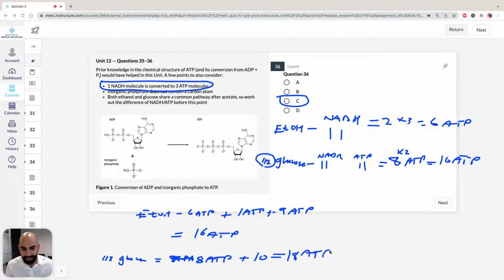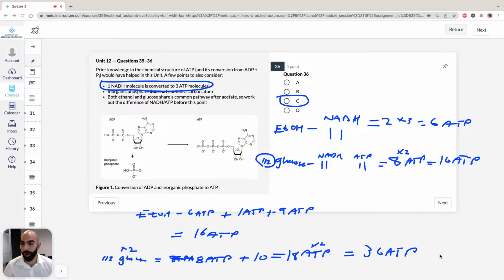But remember, we started off with half a mole of glucose, so if we times that by 2, and you're probably told the citric acid cycle produces 36 ATP, and voila. So that's how we convert it.